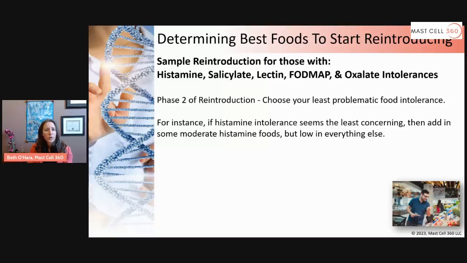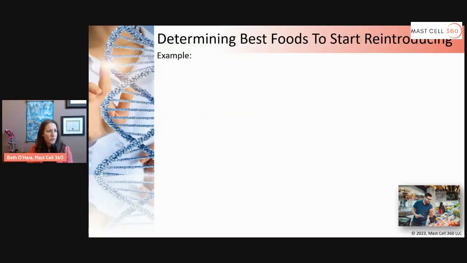Oyster mushrooms are low FODMAP, low oxalate, lower salicylate, low lectin, but they're going to have a little bit of histamine, or it could be some turkey bacon. So starting with some things like that to trial the histamine. It's the scientific method approach to it. I hope I'm making sense on that, where you're going to try things, keep a diary, track the patterns.